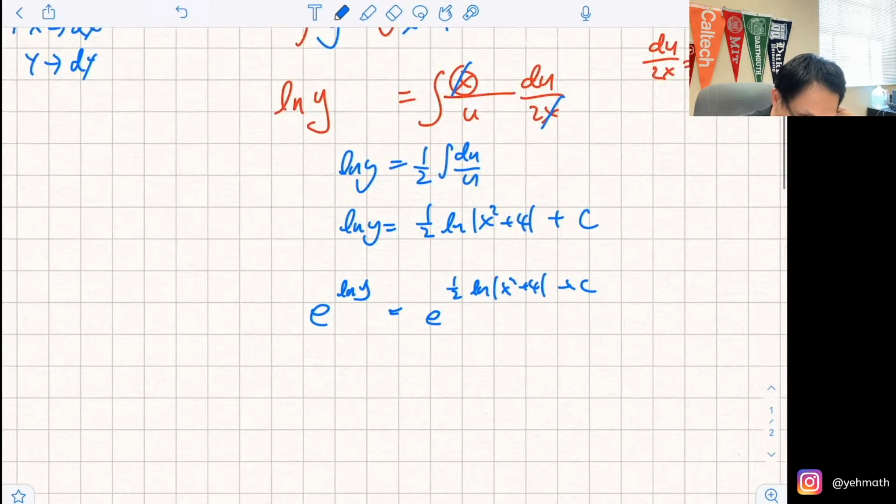But on the left, this e and ln can cancel out. So that's equal to y. And we're going to do ln of, wait, hold on. Ln of, oh, one second.